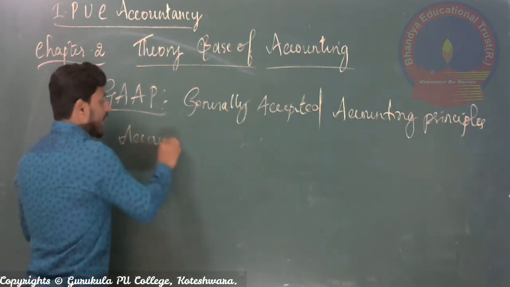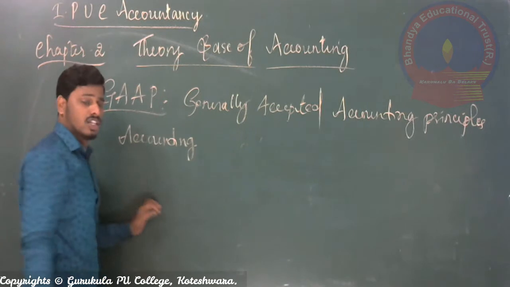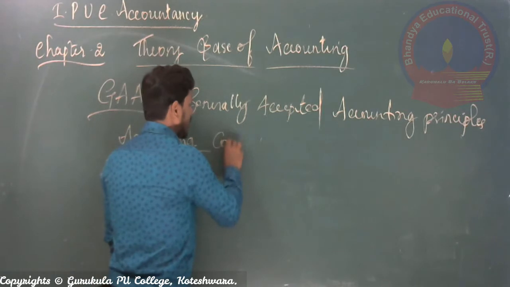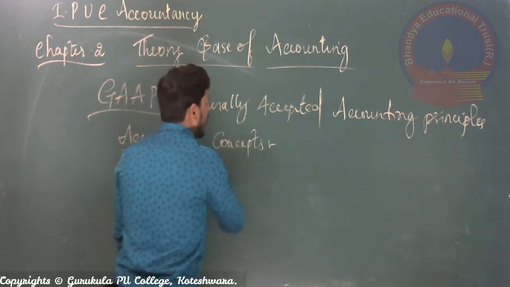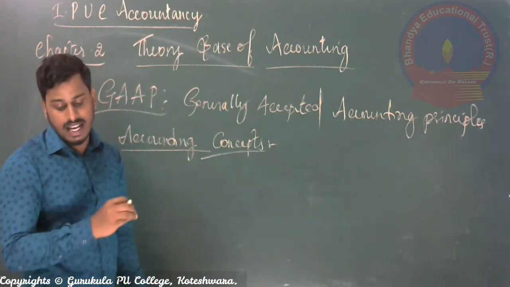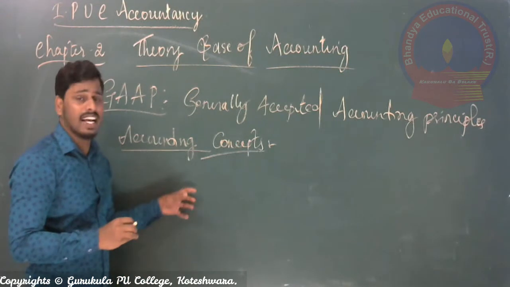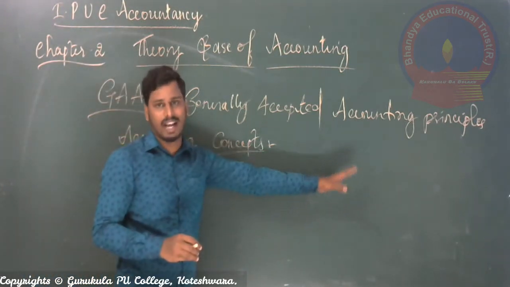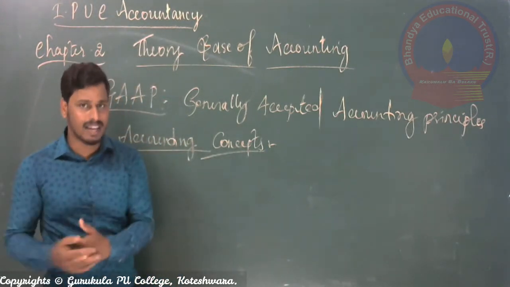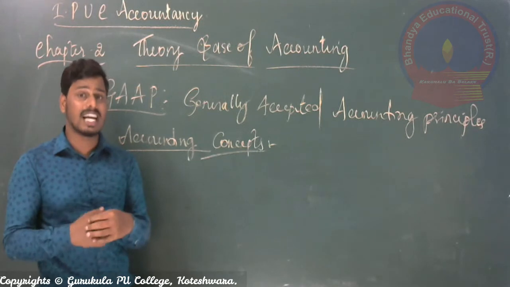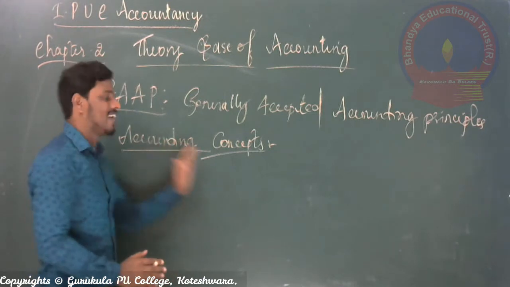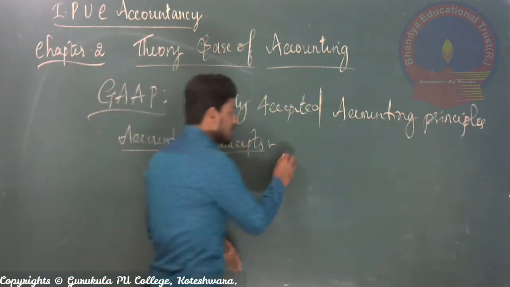Then what are accounting concepts? I told you accounting concepts, principles and conventions are all called GAP here. Accounting concepts are the fundamental ideas or basic assumptions underlying the theory as well as the practices of accounting. While studying theory and converting it into practice, the fundamental or basic ideas and assumptions we follow are all called accounting concepts.